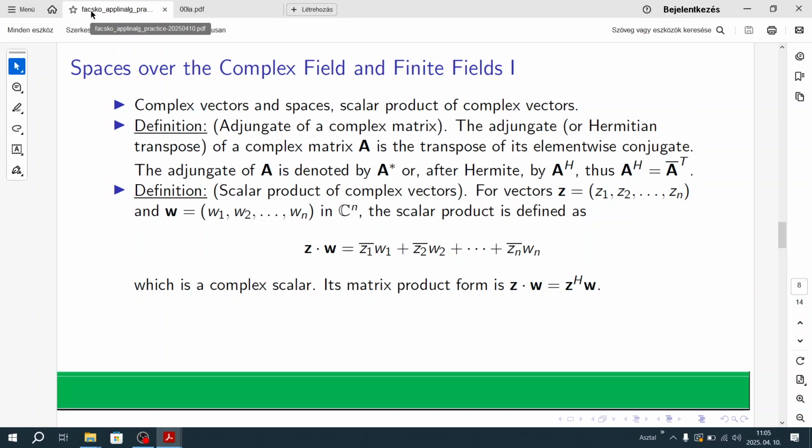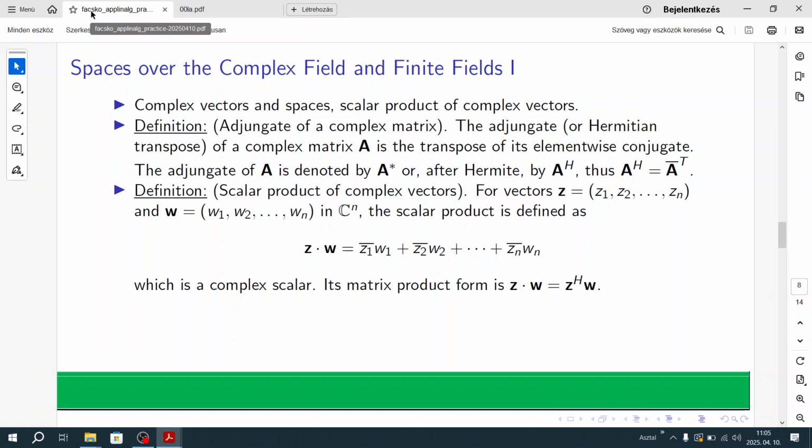Okay, now the horror comes. We have 25 minutes, sorry for being late again, and it's a new topic. Spaces over complex fields and finite fields. Do you understand what complex numbers are? Imaginary part, real part, and everything. I always told you that these definitions are restricted.